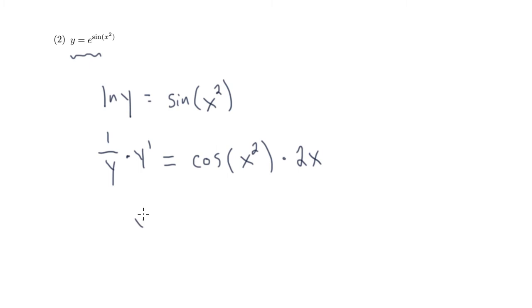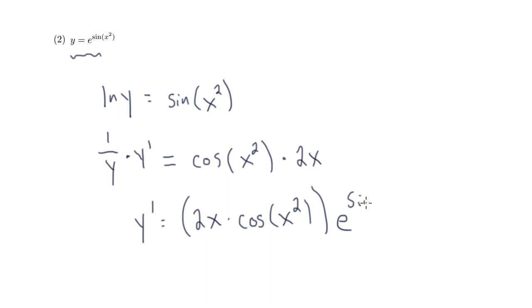So then y prime is, I'm just going to move the 2x out front, it's this function times y, but y is e to the sine of x squared.